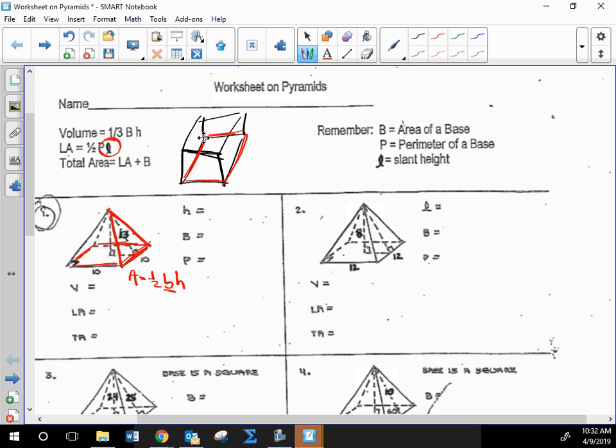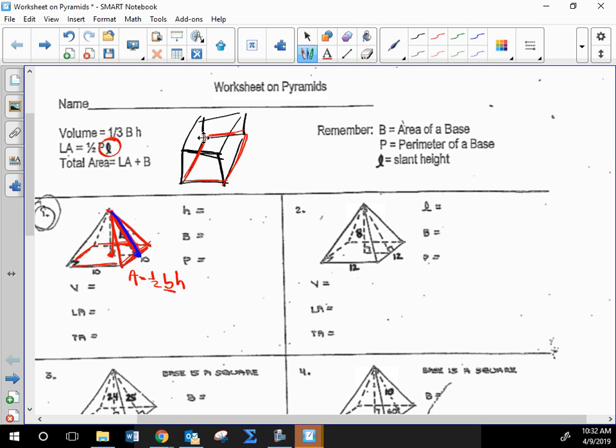My slant height is if I were to take one of my faces, which is this triangle here, I want the height of this triangle. The height is the height of our pyramid, from the base to the point. But our slant height is the height of our face. Those are 2 different values. But is the slant height the same for all 4 sides?